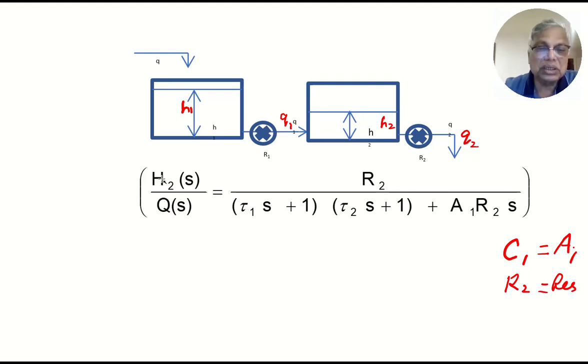You have to remember that all these variables are in terms of deviation variables. Here it is shown as small h2, but here it is uppercase capital H2, that's the usual notation.